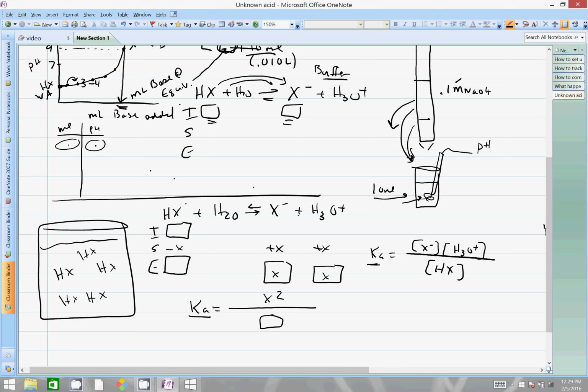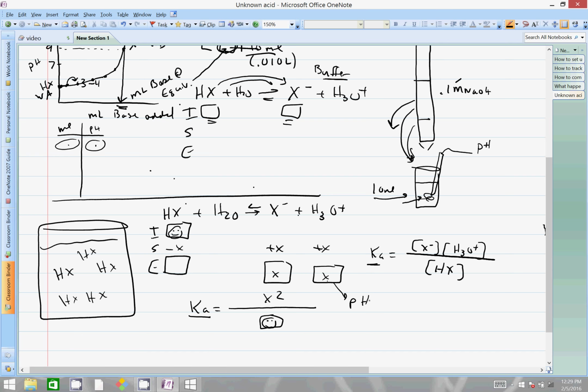Given the Ka and the initial concentration, which I'm going to call a smiley face, I would be able to figure out how much actual concentration of X there is. This could therefore be converted to the pH, which is a pretty standard type of problem.